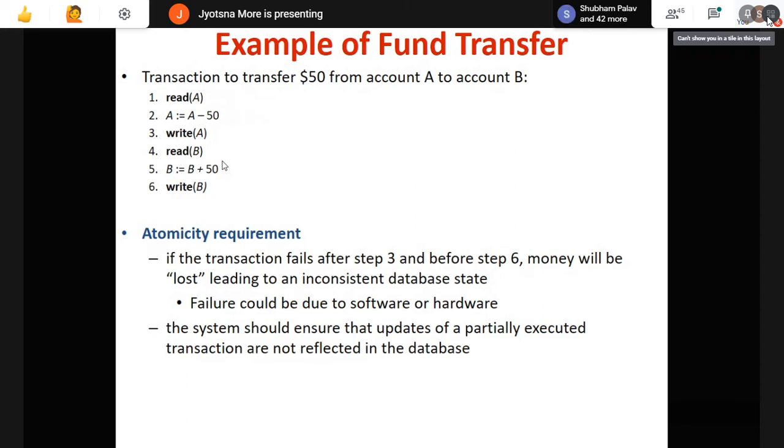If my transaction is not executed completely, the consistency is not there. Before executing the transaction, the sum is 400, but after executing it, it is 350. There is a difference of 50 rupees in between, which is lost because my transaction is not complete.